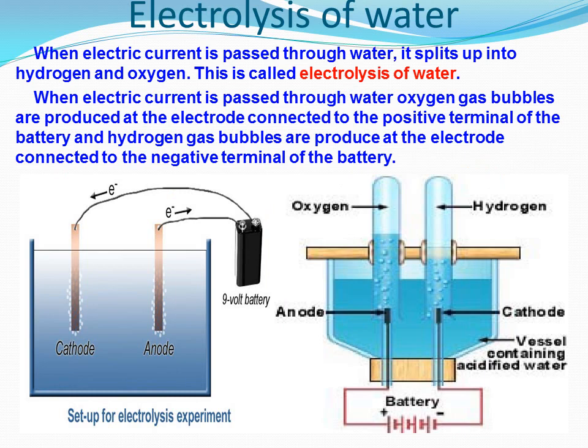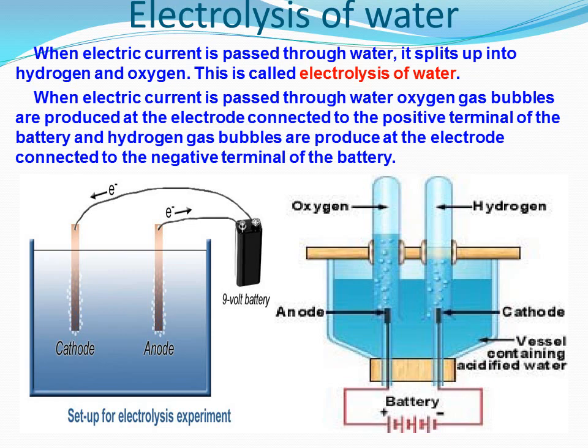Let's talk about electrolysis of water. When electric current is passed through water, it splits up into hydrogen and oxygen. That means hydrogen and oxygen are separated when electric current is passed through that solution. Solution of what? Solution of water, simple water.